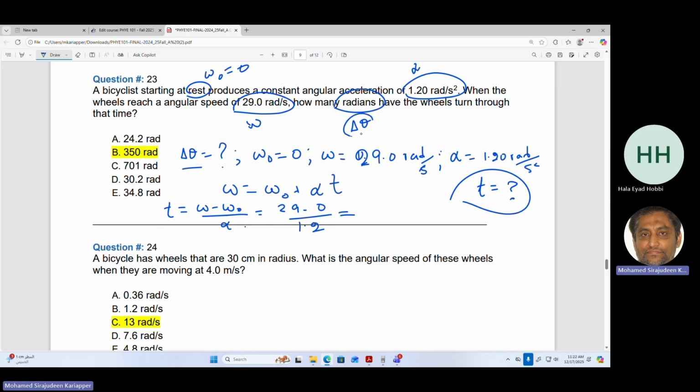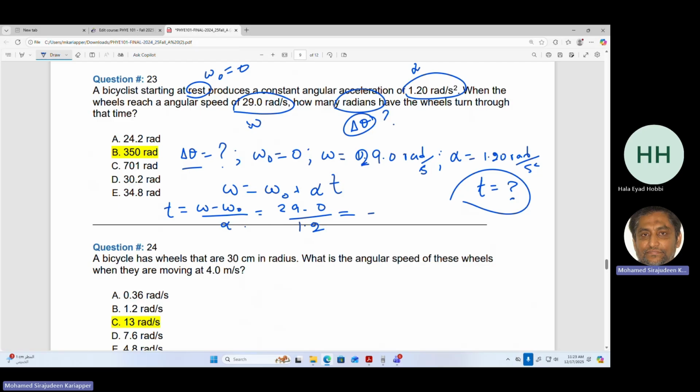The question is delta theta. Okay, this is correct. Of course, this is the time. This is the danger of not reading. You read it. I know, I do this all the time. Yeah, I forgot the question is delta theta, not time.